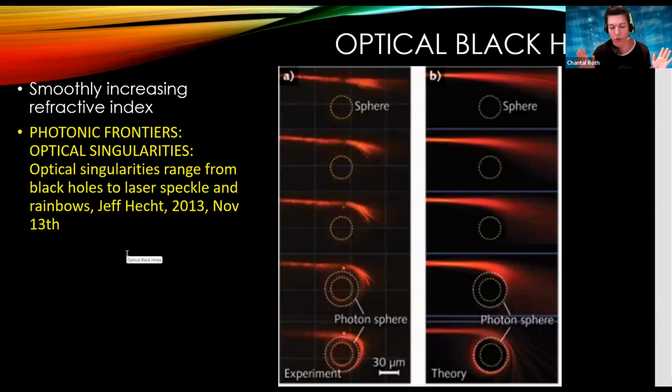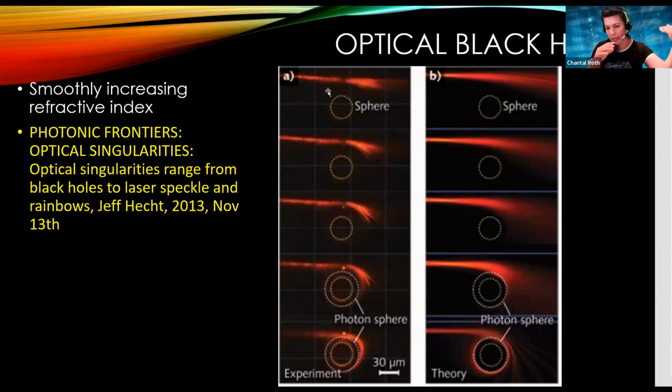Here is just one concrete example from optics. These are actually optical black holes. On the left side, you can see the experiment. This is an optical medium that gets denser as you go into the center.